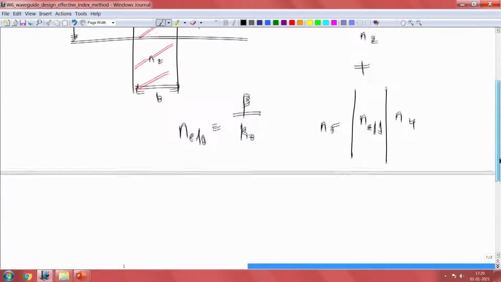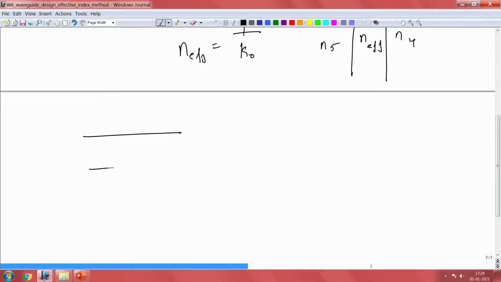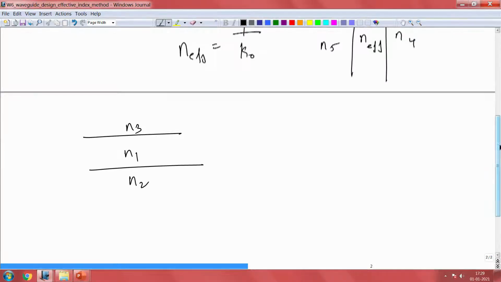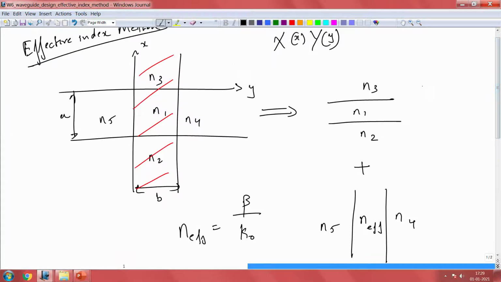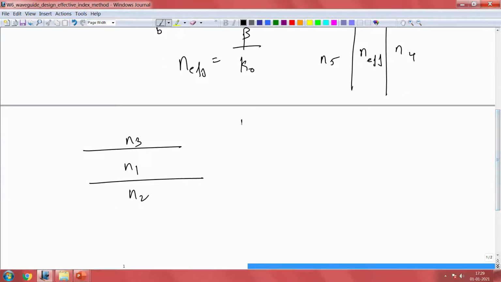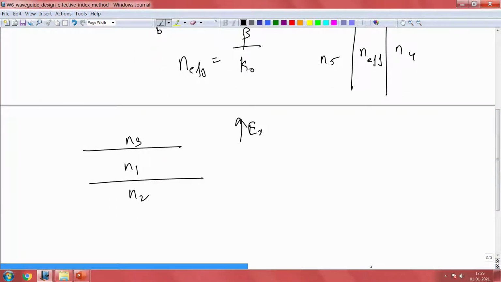So when you are considering the stretched out one, here we will consider, if the wave is pointing vertical, let us say it is Ex, then in this particular case you are talking about the TM mode.